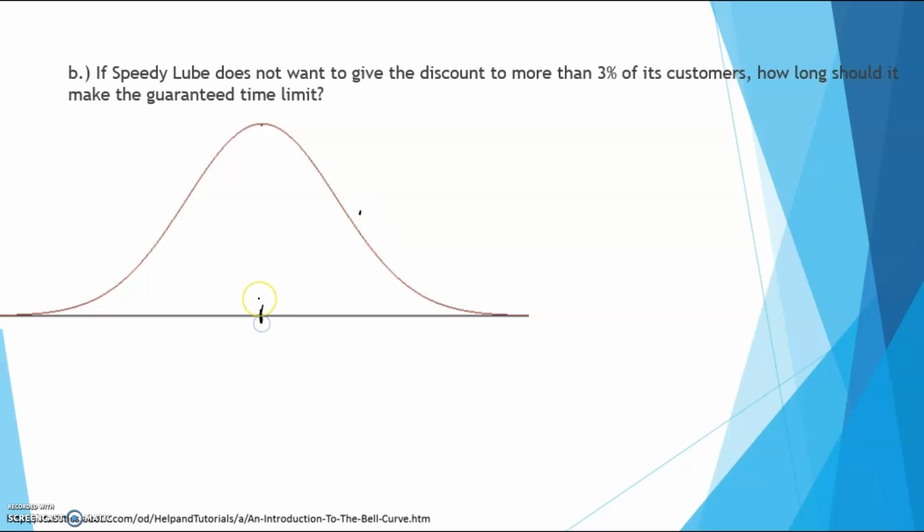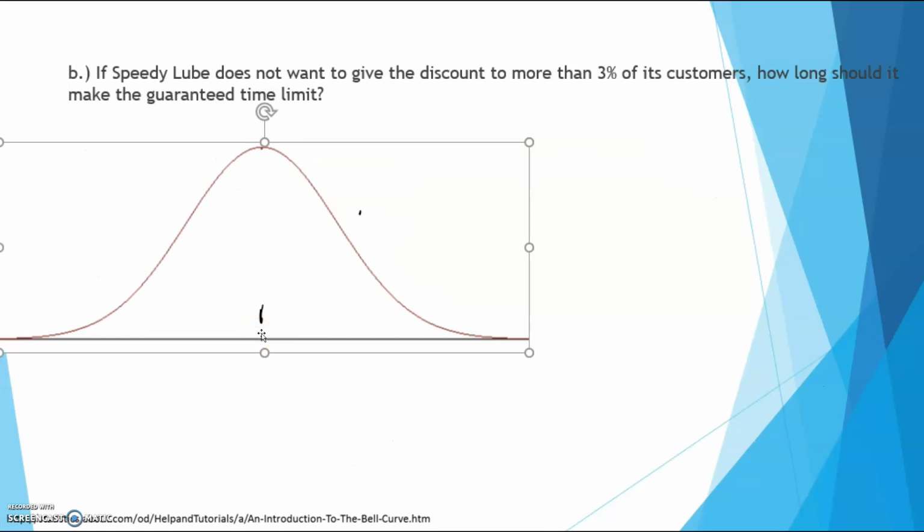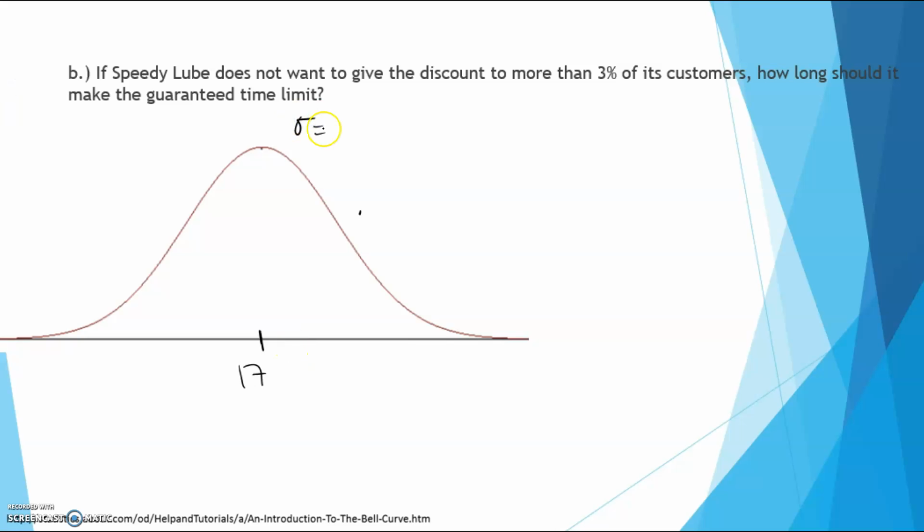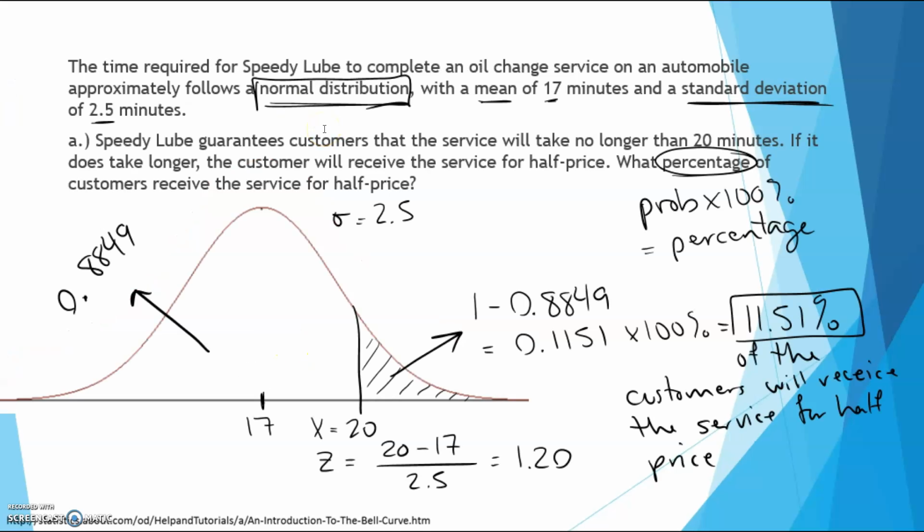So if our mean is still 17, oops. Okay, our mean is still 17, and our standard deviation is 2.5.